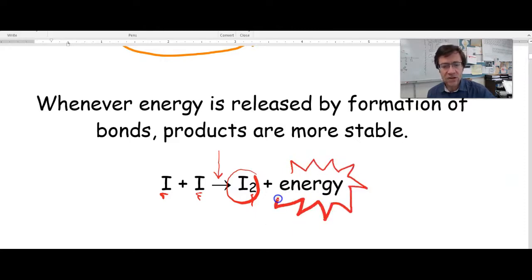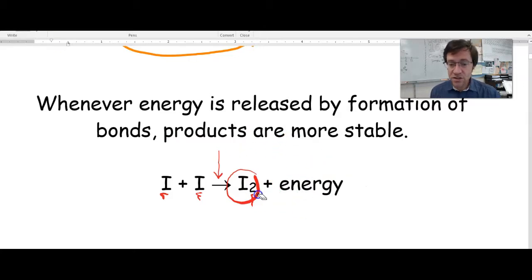Usually chemical reactions release energy in the form of heat. Sometimes it's light, you know. But that's how we know that energy is being given off. There's light or there's heat, and we can measure it, right? So in this particular chemical reaction, because energy is over here on the right, it means that energy is leaving.